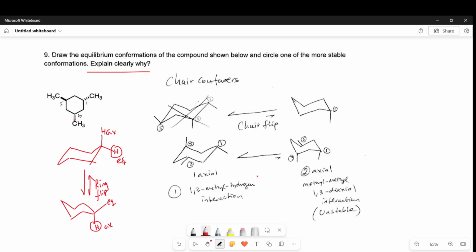Let me go to the question. Here I think I made a mistake labeling 1. This is 3. It should have been here, so that was a wrong structure. So just disregard the top one. So at one position I have one methyl which is down because it is below the plane of this ring.